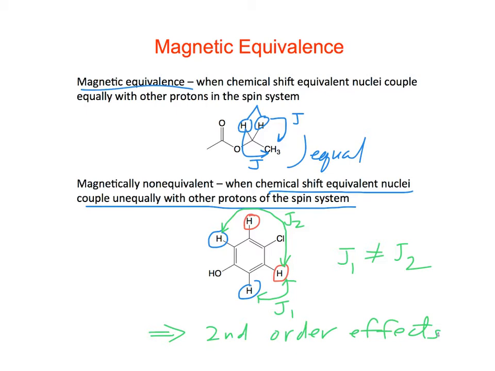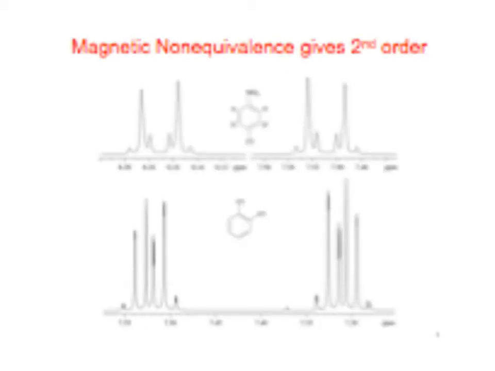All right? When we have these magnetic non-equivalents, this also causes some weird effects in the spectrum, which are difficult for us to predict. And I don't think any of the programs that I've seen where you're predicting or simulating the spectrum also simulate these kind of effects.